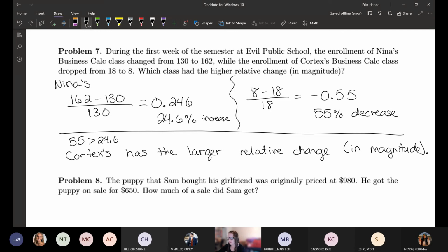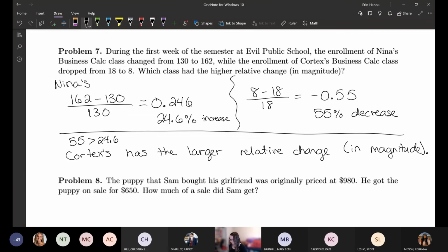We kind of did one of those as the warm-up today, where I gave you a set of data and then asked you to find a linear function from it. You won't necessarily have to determine if the data is linear. I will just tell you, here's some linear data, find me the equation. And then some average rate of change questions as well. I won't give you any relative change questions, but finding linear equations and average rate of change will be your two main things for the quiz.